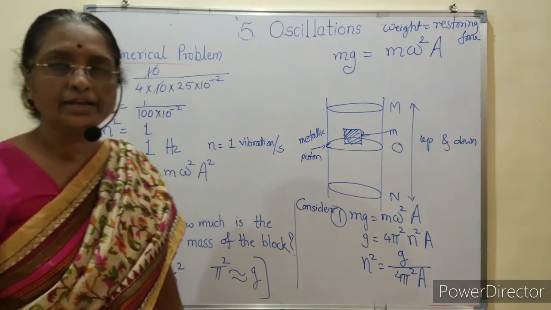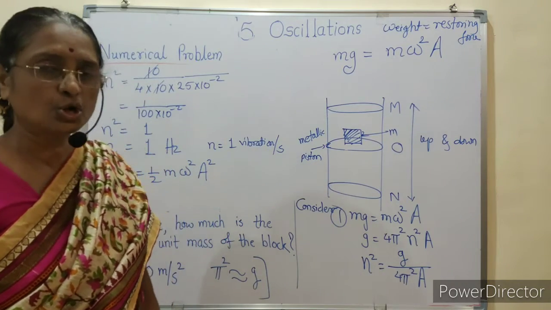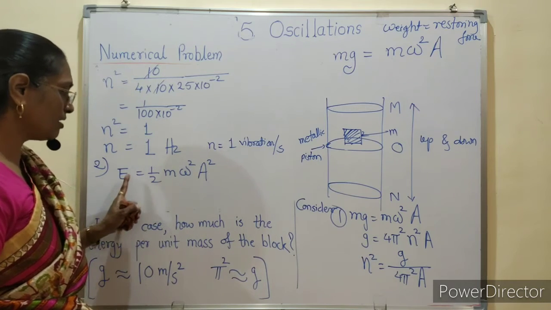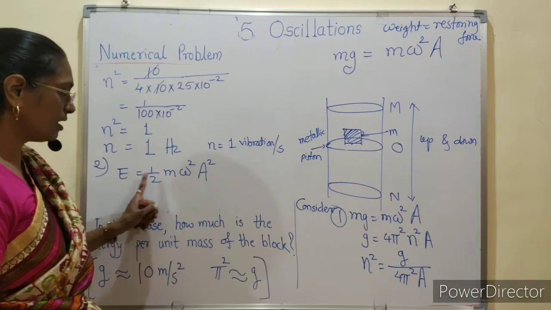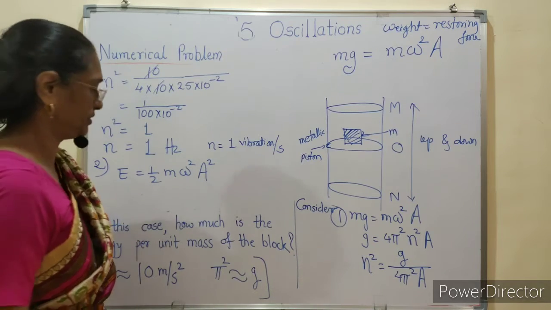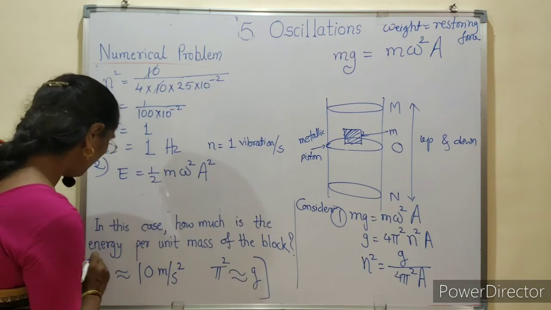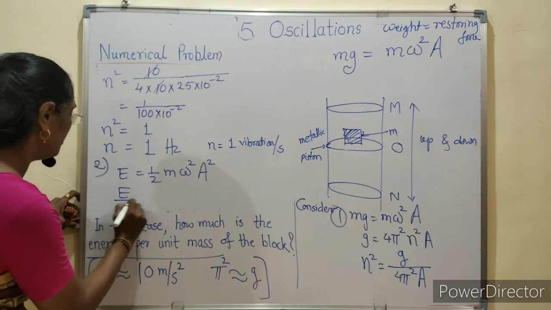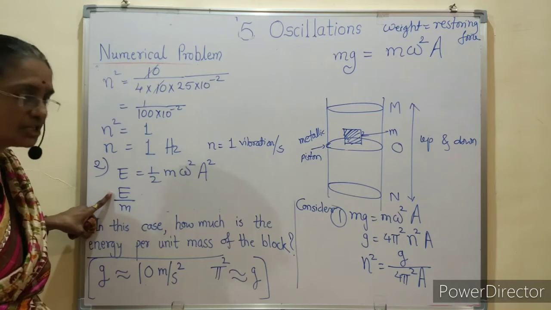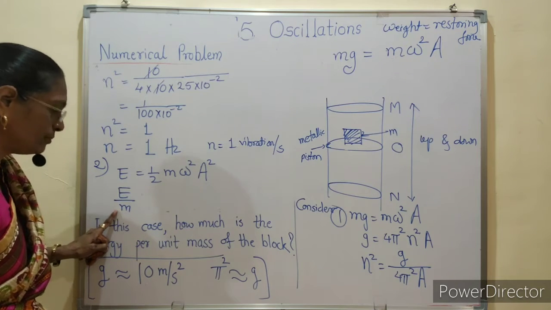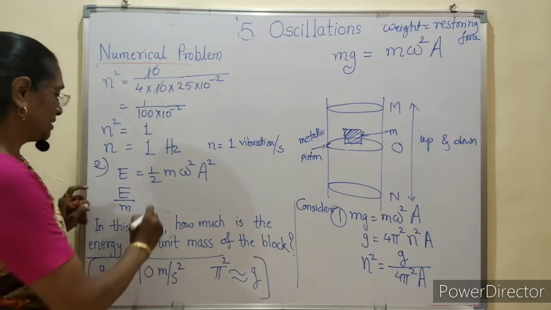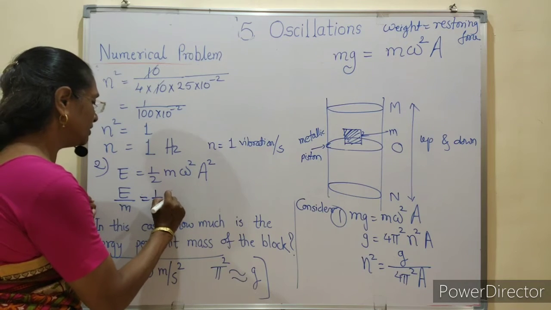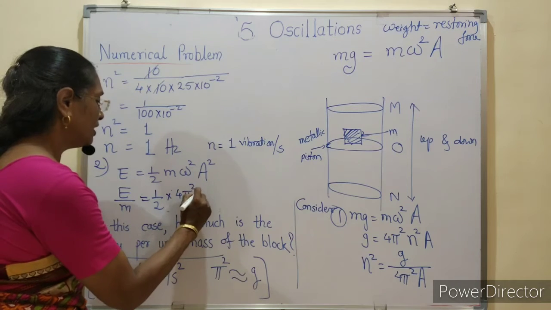Especially kinetic energy or potential energy is not asked, simply energy is asked, therefore we take it as half into k into a square, half into m omega square into a square. And energy per unit mass is asked, therefore we take m in the denominator of LHS. E upon m, means energy per unit mass, is equal to half into omega square a square. Omega square is 4 pi square n square.